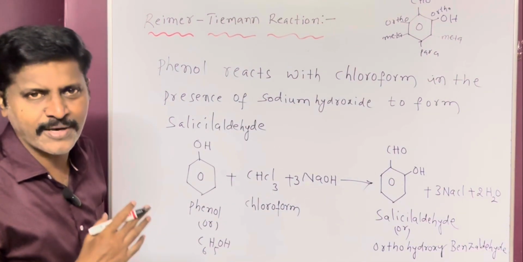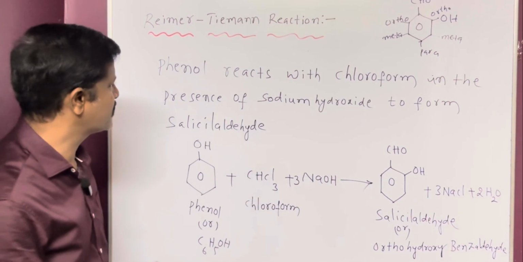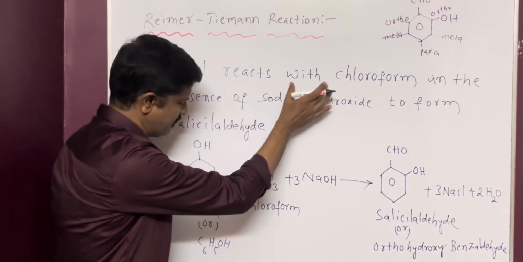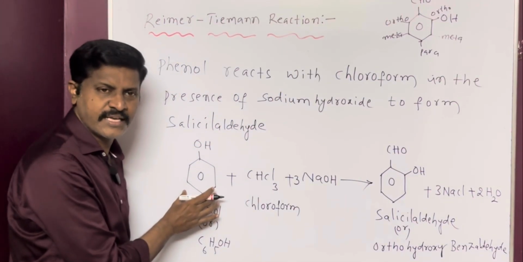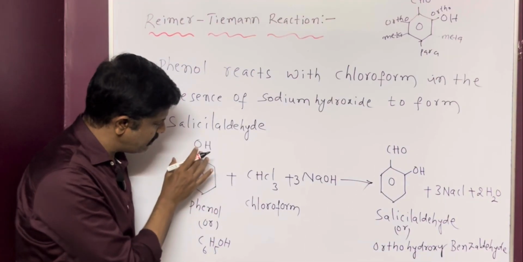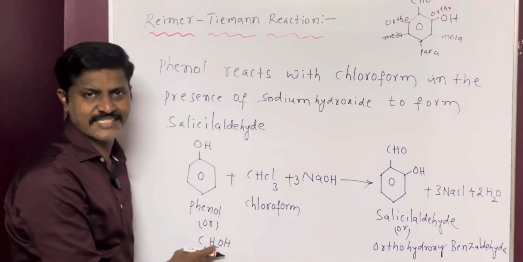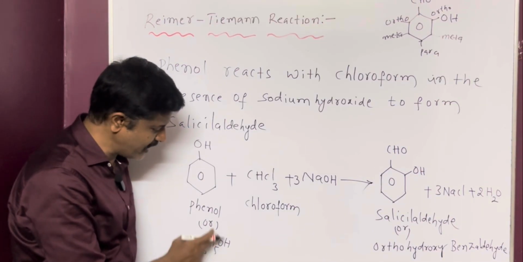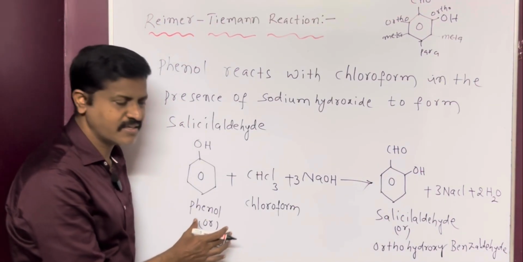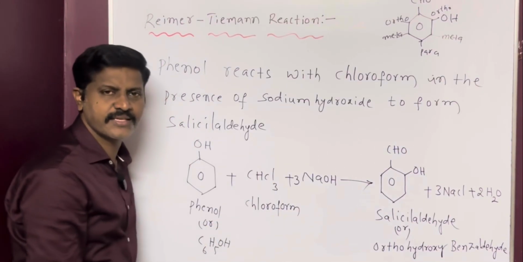Reimer Tiemann reaction. Clear? Now phenol reacts with, now this is phenol, benzene and OH, C6H5OH. Now this is chloroform, CHCl3.